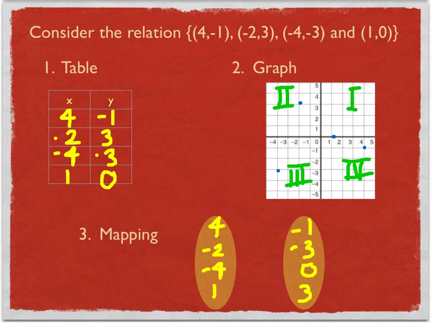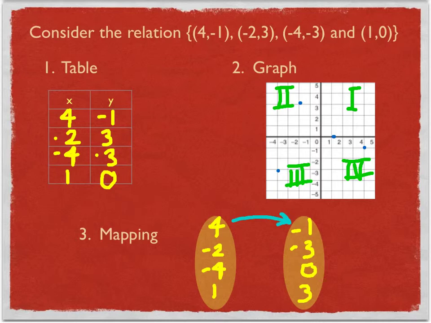And so I'm going to use a different color here. So notice that 4 is matched up with -1. So that one, I just draw an arrow there. And it is important to put the arrow because the mapping gives you the idea that one of these variables is taken to the other. So we start with this one and it's kind of transformed into this one.